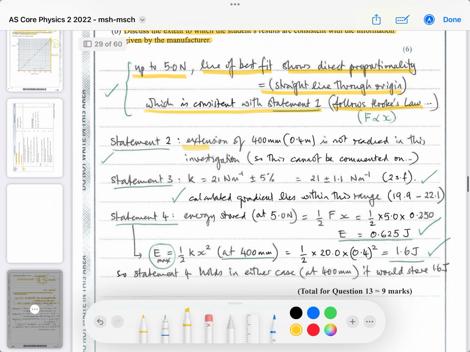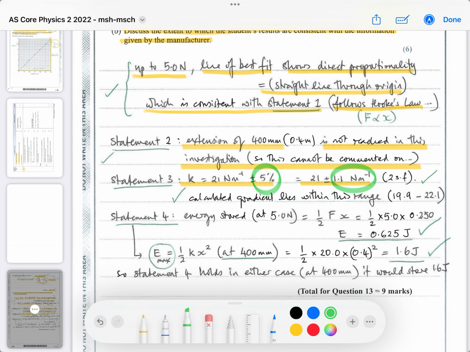Statement 2 is the extension of 400 millimeters, which is not reached in this investigation, so we can't really fully test whether it will be deformed or not. So that's my conclusion for statement 2. Statement 3, K would be 21 plus or minus 5 newtons per meter. I got 20, so 21 plus or minus 5% would be 1.1, because 5% of 21 is 1.1 newtons per meter.